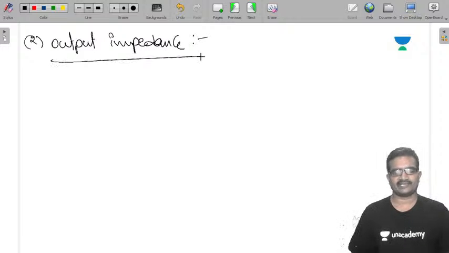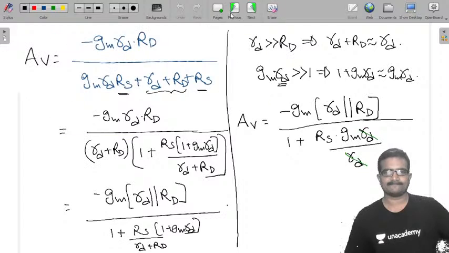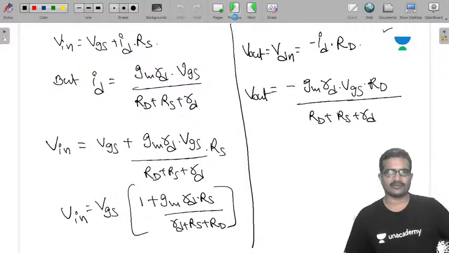So for output impedance, I am taking the equivalent circuit. See this? This is the equivalent circuit I am going to take.